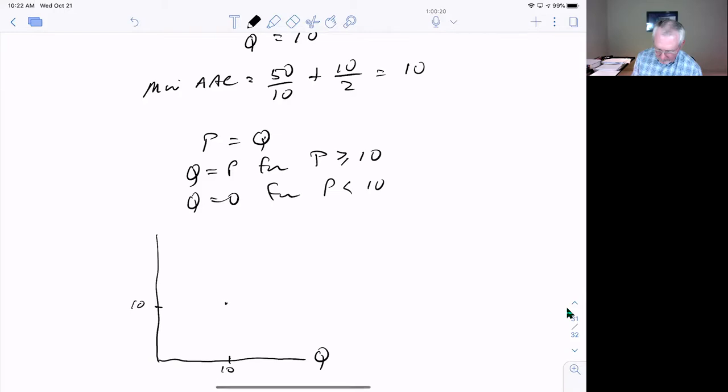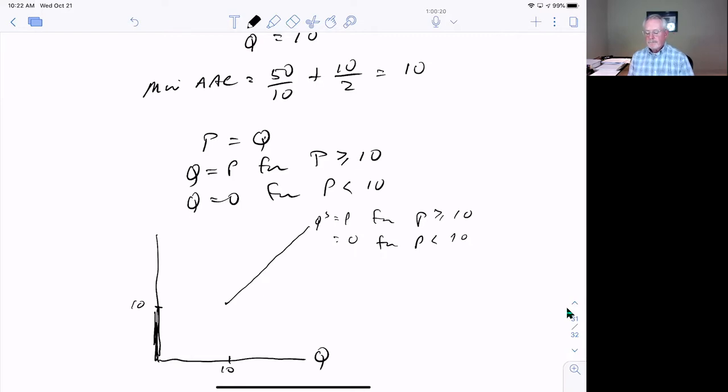That means then that Dan's supply curve will be just linear, Q equals P. So this is Dan's supply curve, quantity supplied equals P for P at least 10, equals 0 down here for P less than 10.